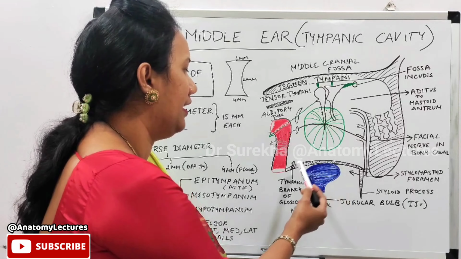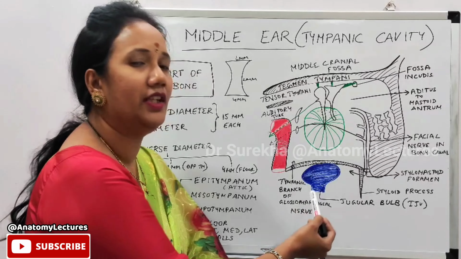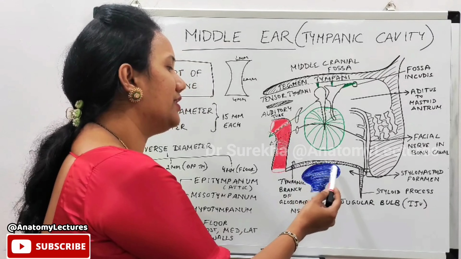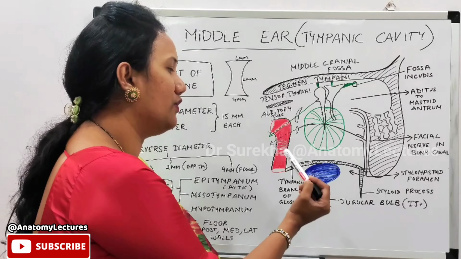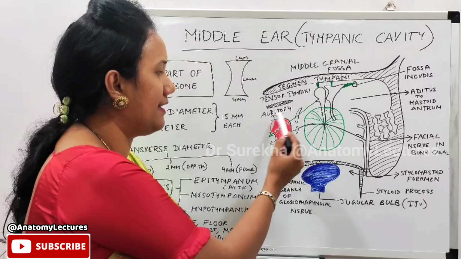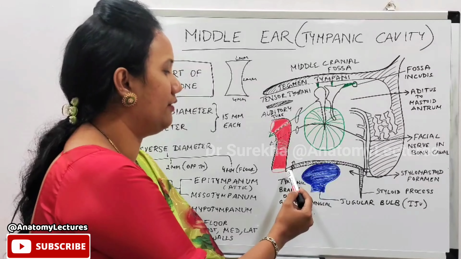This floor is pierced by the tympanic branch of the glossopharyngeal nerve. So there is a small foramen which is present in between the jugular bulb and the lower part of the bony carotid canal. So this is the carotid canal and this is the lower part of the carotid canal.